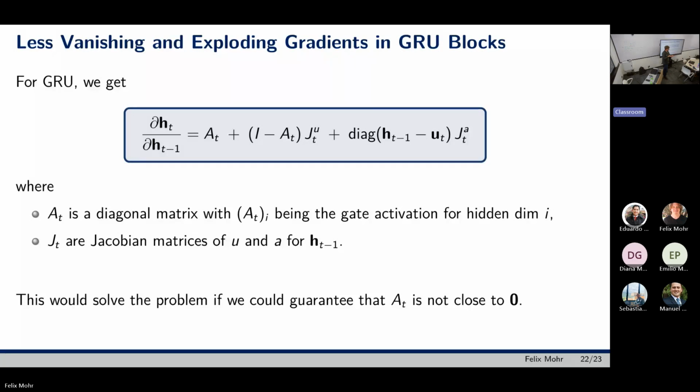This is where the gradients vanish. But here I also have multiplications, but I have summations. So now imagine that we can somehow make sure that this thing here will never be close to 0. Then we have 1, because then the gradient does not disappear, no matter how often we apply this.